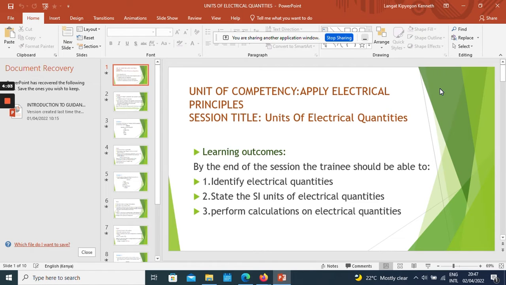By the end of the session you should be able to: 1. Identify electrical quantities. 2. State the SI units of electrical quantities. 3. Perform calculation on electrical quantities. Are we together, class? Okay, thank you.